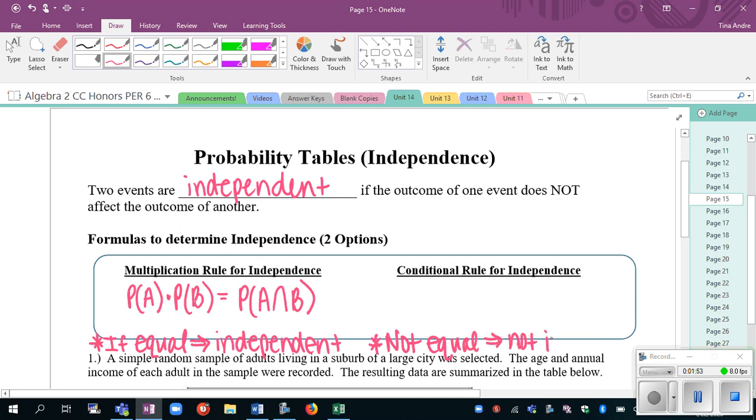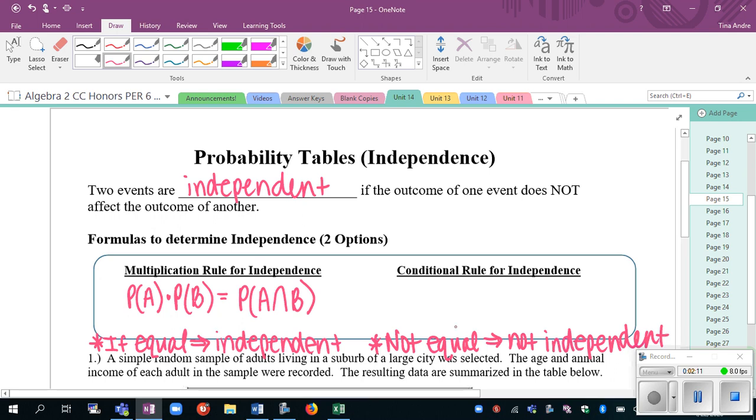One important thing to point out here is that we say "not independent." We won't use the term "dependent." You don't want to throw in another term. So you either say they're independent or they're not independent, depending on whether your two quantities end up being equal. So that's the multiplication rule.